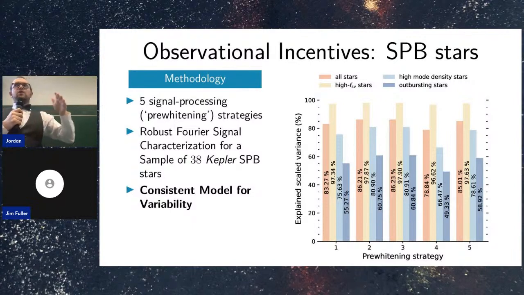So we want to know what the amplitudes of these individual modes are and what their frequencies are. And if we let these 5 signal processing strategies do their thing, we obtain 5 different models for this specific star's variability curve, in fact.